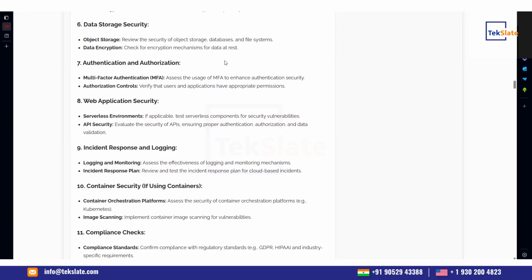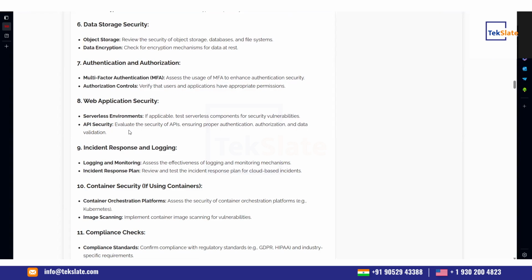And for authorization controls, there is an admin and there is a normal user. A normal user should not get access to the admin portal, otherwise they can manipulate the permissions of normal and admin users.